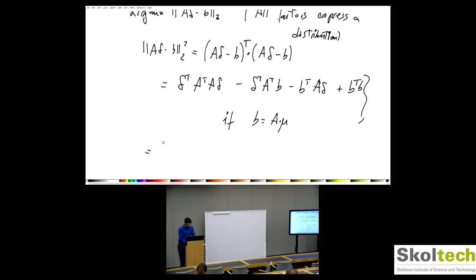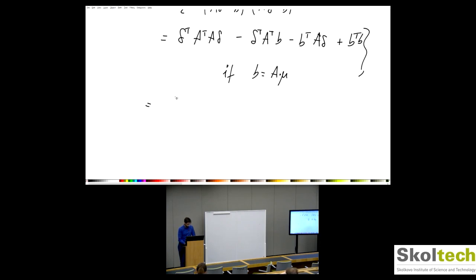Then what we get is that this thing doesn't change. Here I'm just grouping this, knowing that this is a real number, so I'm transposing this, so these two things are the same. And now I'm substituting B to be equal to A multiplied by a mean. If we substitute here on B, we are going to have the same thing.